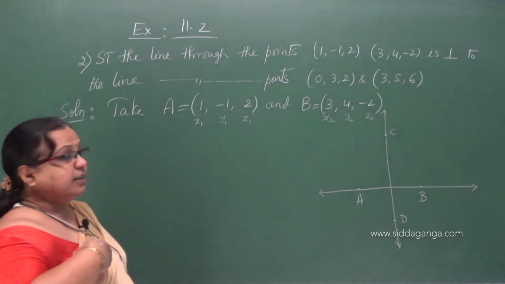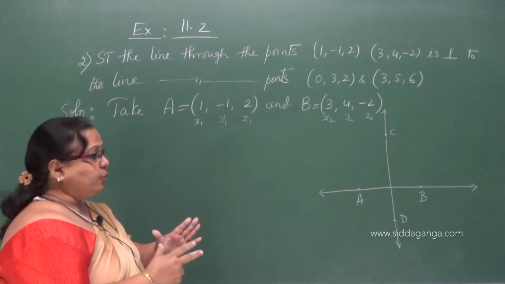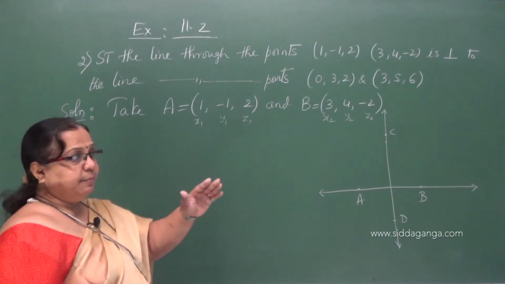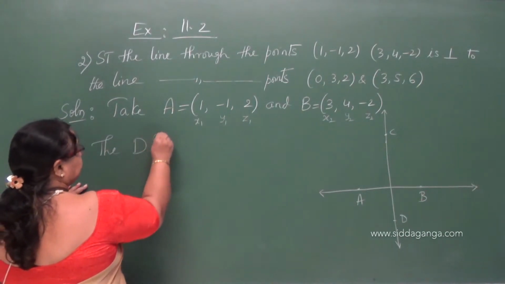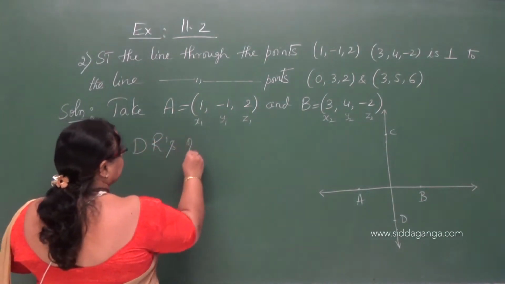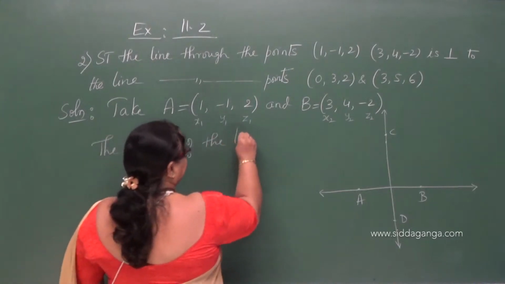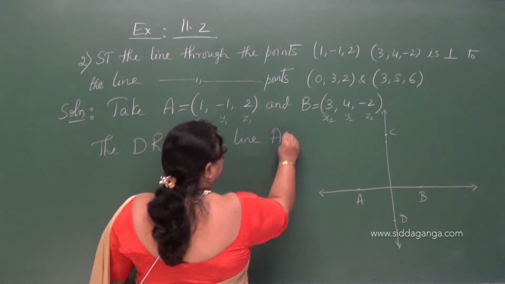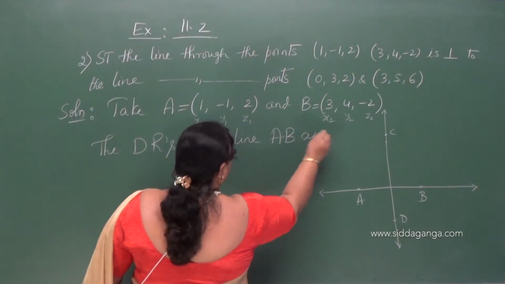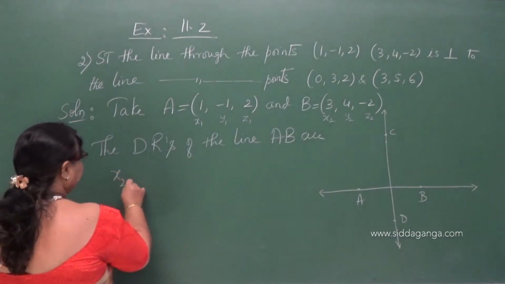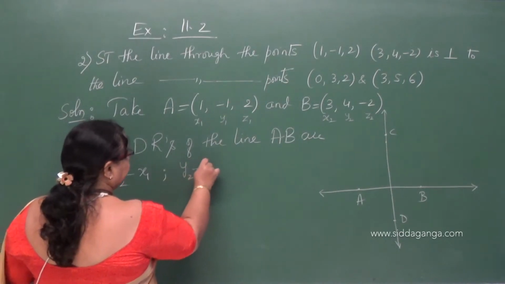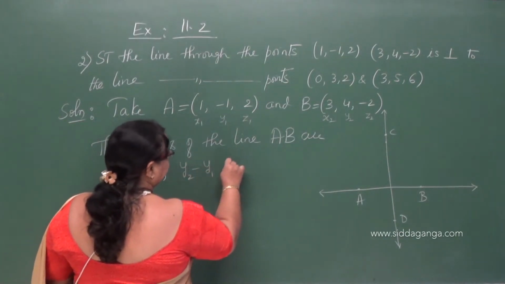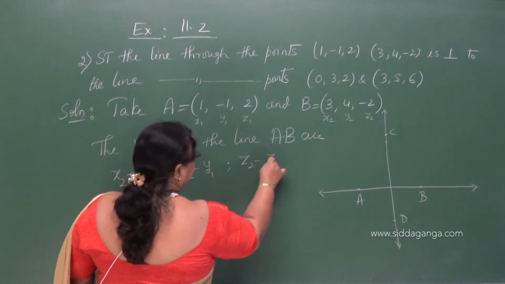Now find the direction ratios of the line AB. They are given by the formula x2 minus x1, comma, y2 minus y1, comma, z2 minus z1.